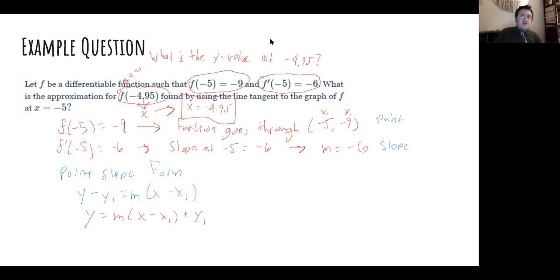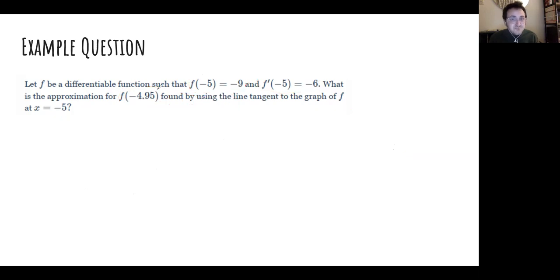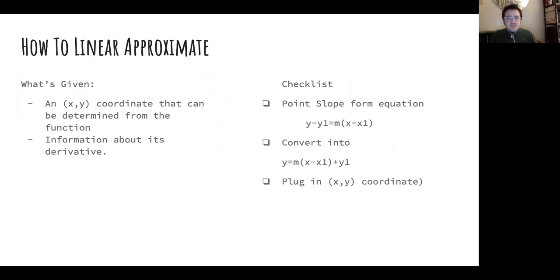First I'm going to give you a checklist of what you need to do, and then we're going to go down the checklist and do it. So what are you given? You're going to be given an XY coordinate that can be determined from the function. You're going to be given information about its derivative.